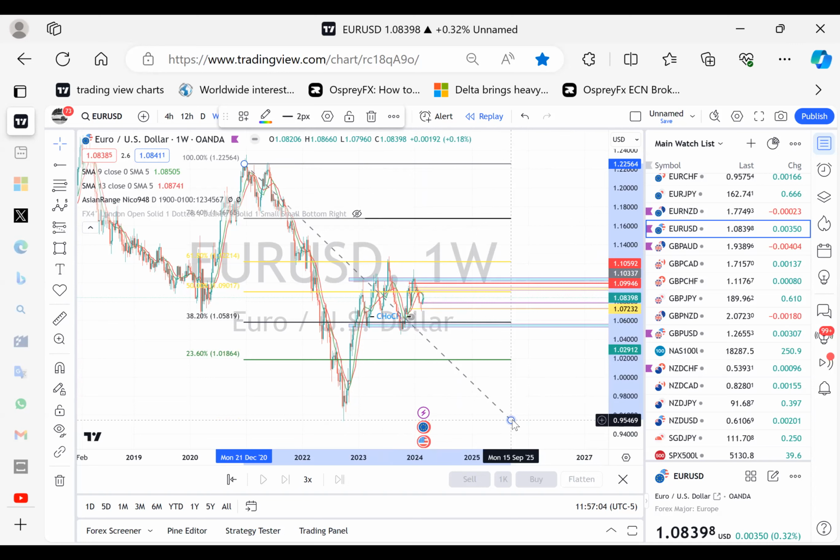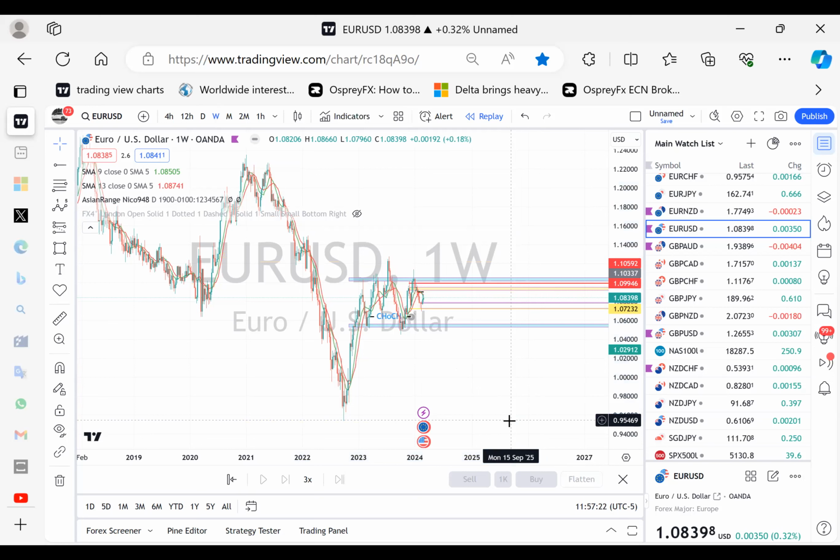Yeah, I agree. I think the only way this goes higher is if the US lowers our rates before they do in Europe. If Europe lowers theirs first, I don't think you can get to the 78. Me either.